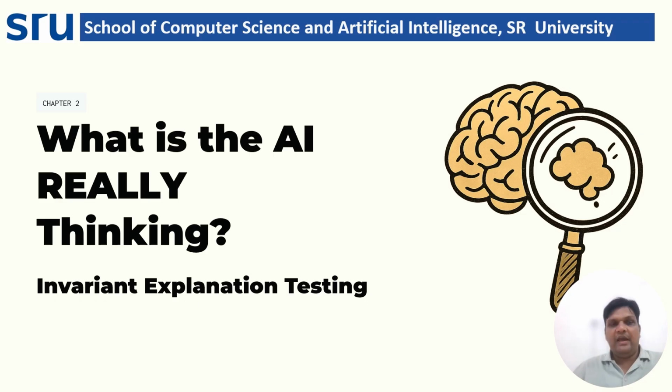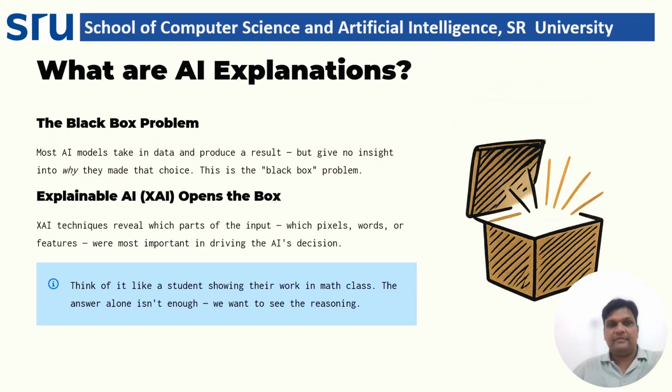What is the AI really thinking? Invariant explanation testing. What is AI explanation? The black box problem. Most AI models take in data and produce results, but give no insight into why they made that choice. This is the black box problem.